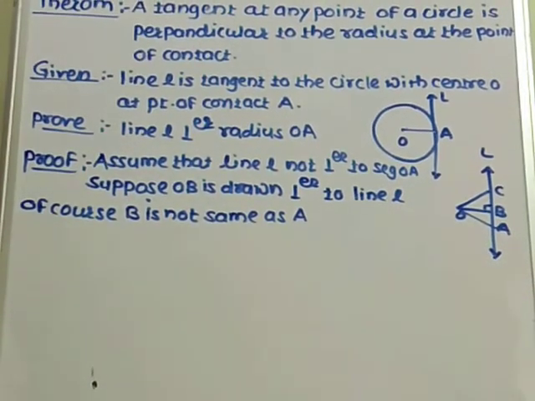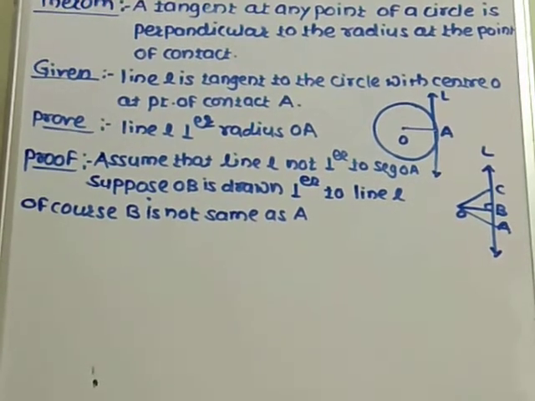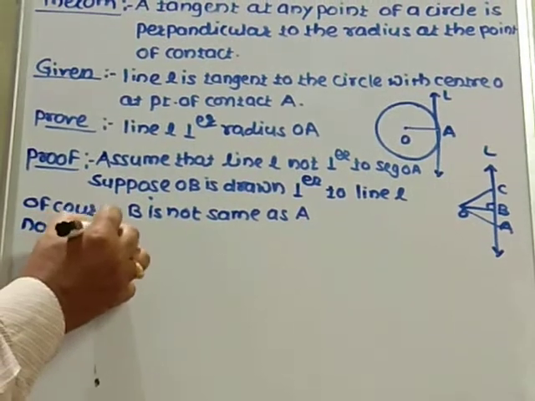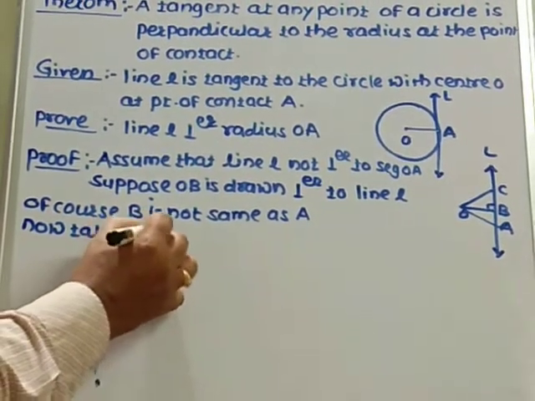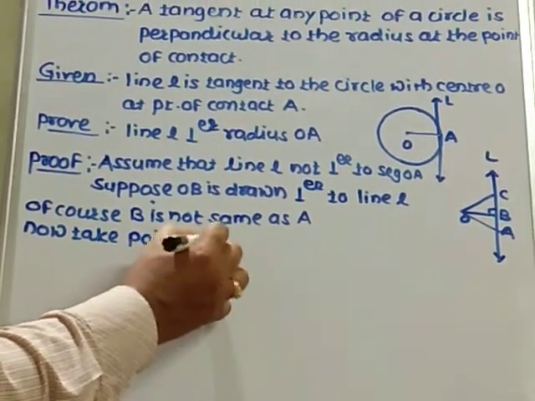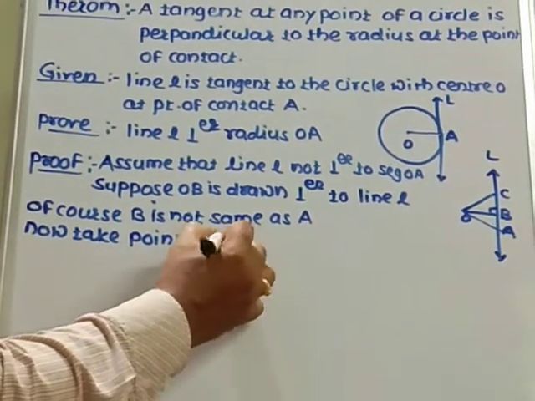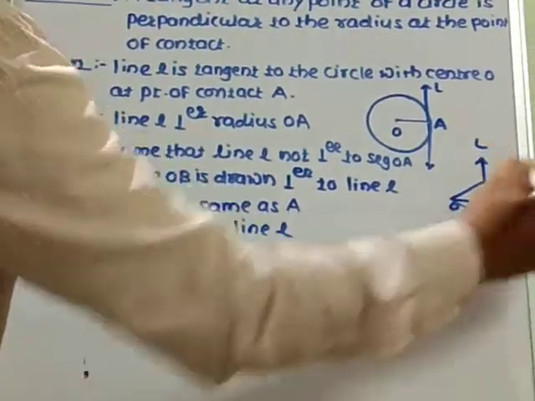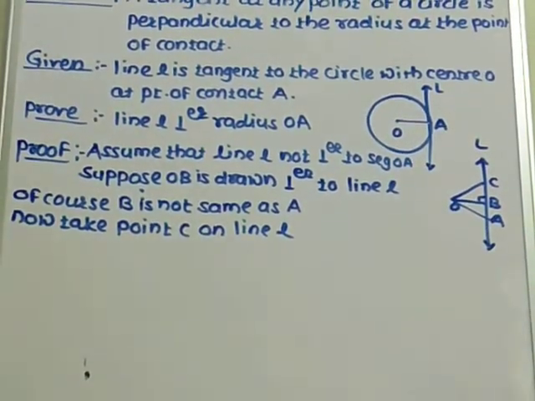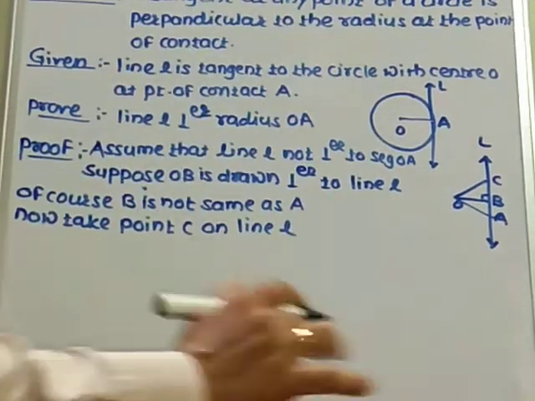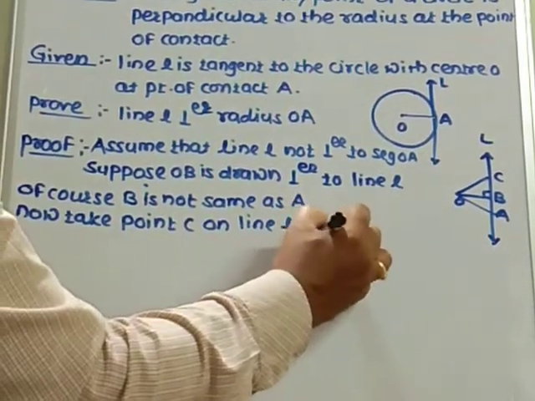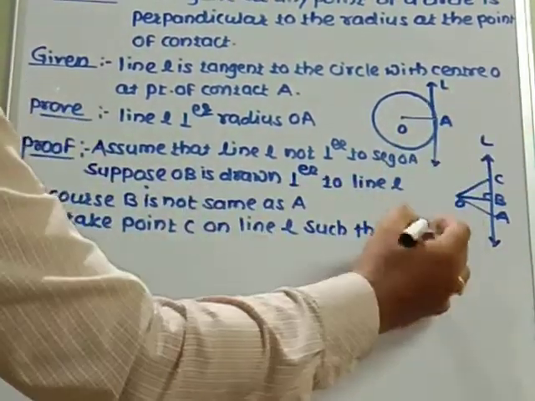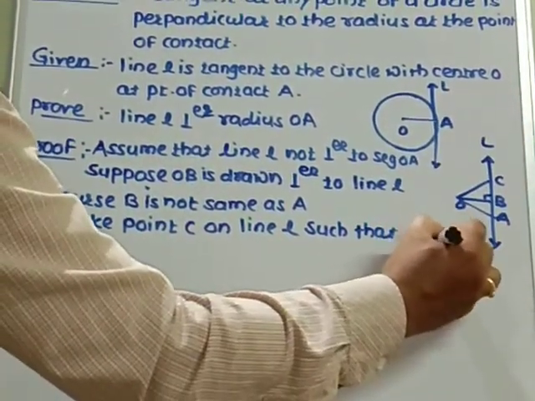Now take a point C on the line L such that A, B, C are collinear.